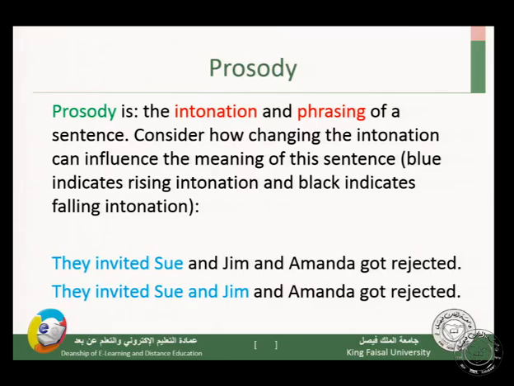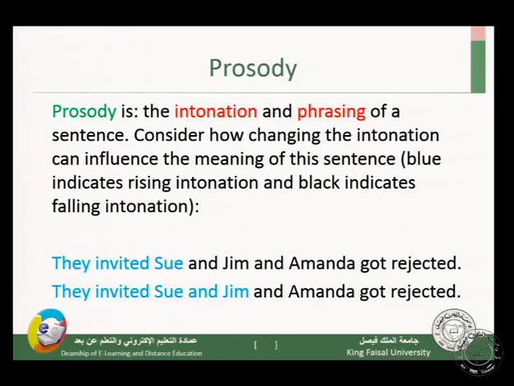In this sentence, which is the same sentence, pronounced differently, with different intonations, the blue color indicates rising intonation. The black indicates falling intonation. So I'm going to read these two sentences, and I'm going to ask you, as you are listening, to figure out how the meaning changed.